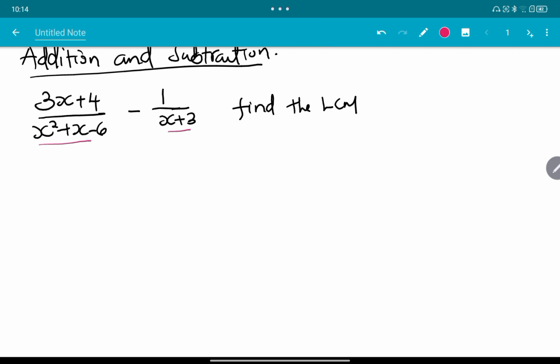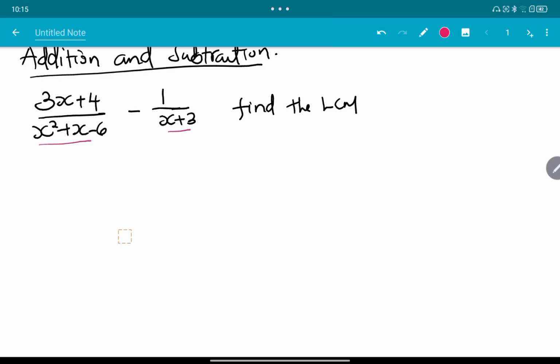For us to be able to get their LCM, we need to factorize the quadratic expression first. If you have any quadratic expression in the denominator, factorize it first of all. But if it's a linear expression, go ahead and get the LCM directly, and we'll see how we get the LCM in the next few minutes.